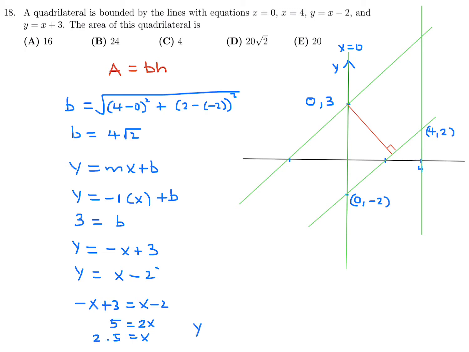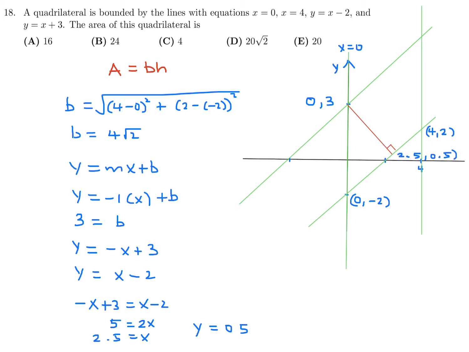And substitute that into either of these, and when you do, y would be a half, 0.5. So that means this point right here is 2.5 and 0.5.